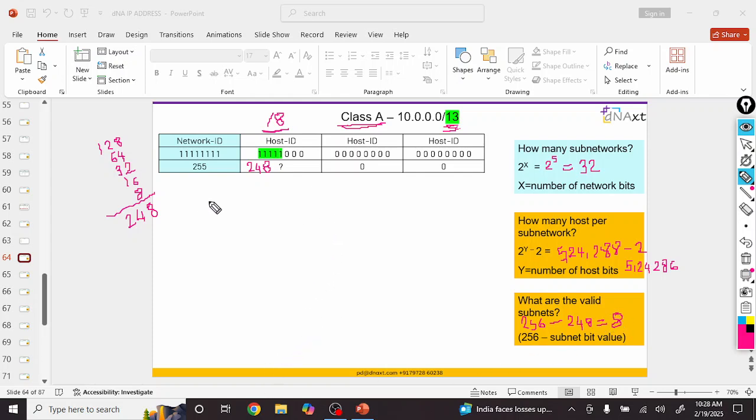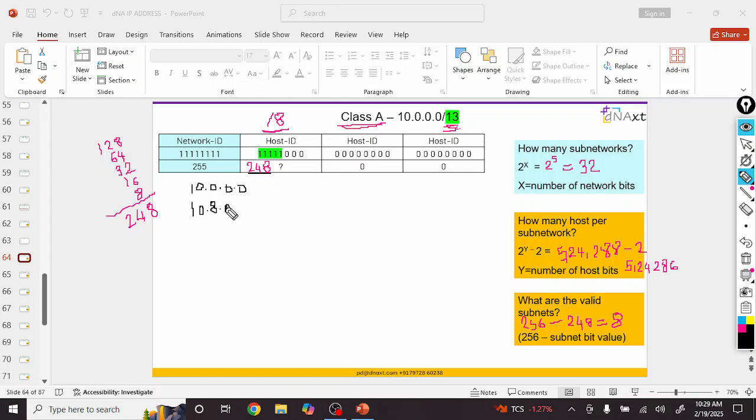So what will be the network IDs of the different subnetworks? 10.0.0.0, then an increment of 8 in the second octet, as we have borrowed the bits in the second octet.